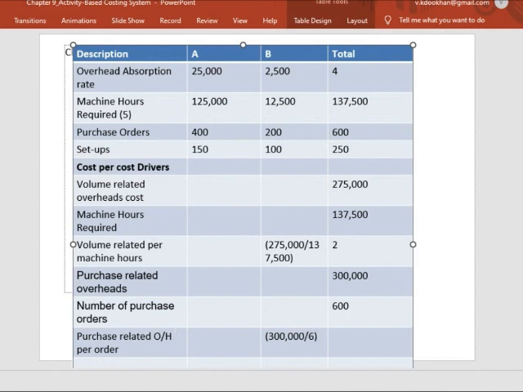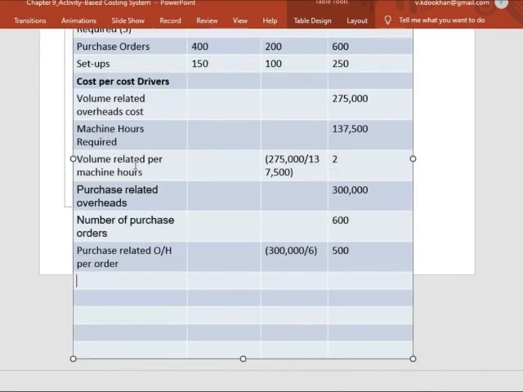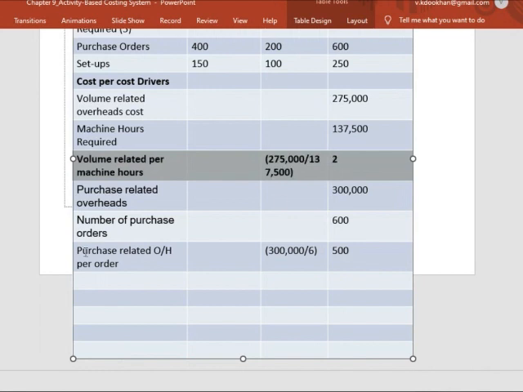Okay. And then we put it directly in our last one. Let me put this one in bold.